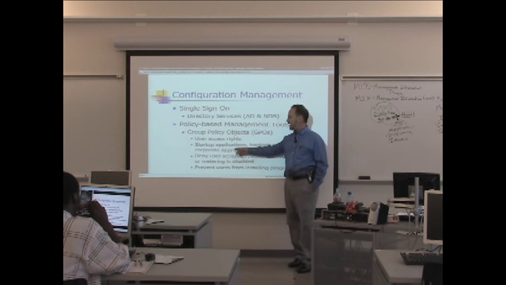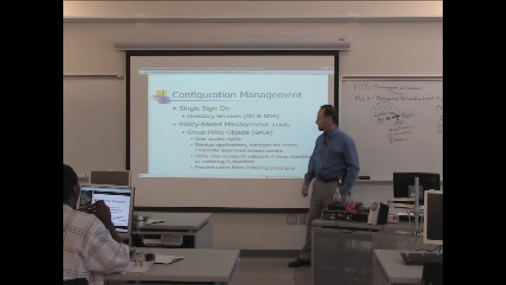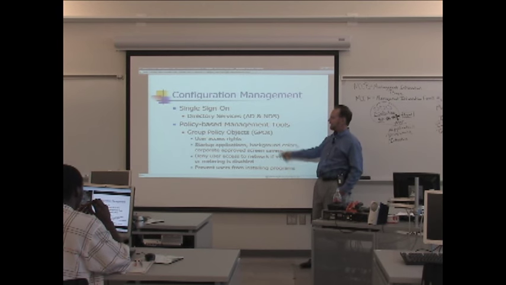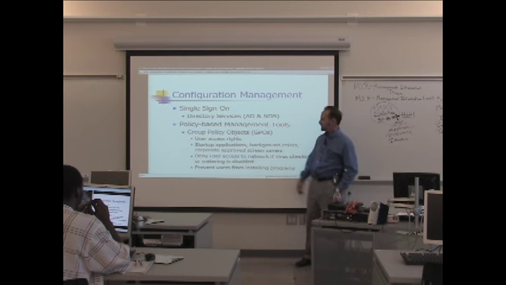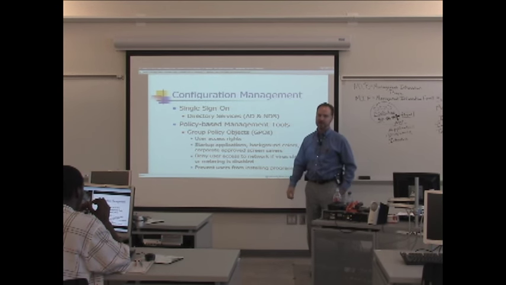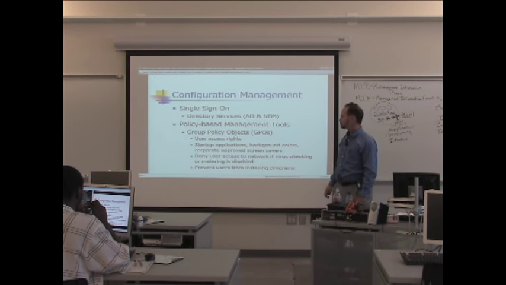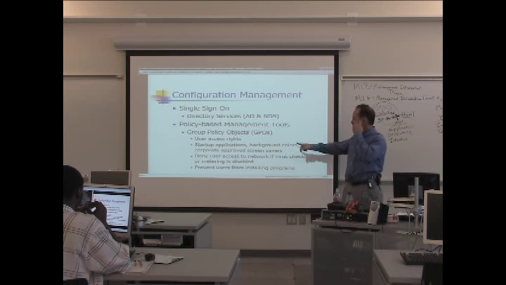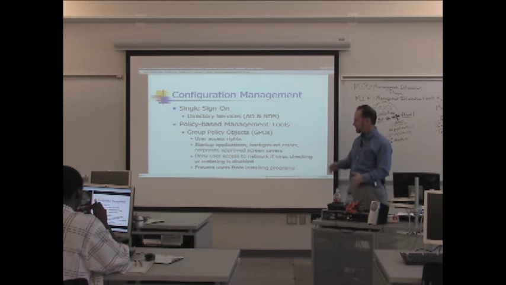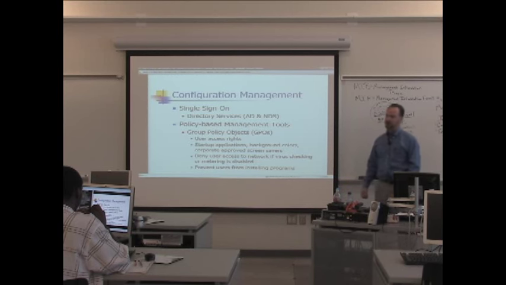We can control what applications start up automatically when you log into the system. We can control the background color on your desktop. We can control corporate approved screensavers. We could even put the corporate logo on every desktop, have that pushed out from a centralized server. We can deny user access to the network if their virus checking isn't turned on, or if their license metering is disabled. And we can prevent users from installing programs on their computers as well.